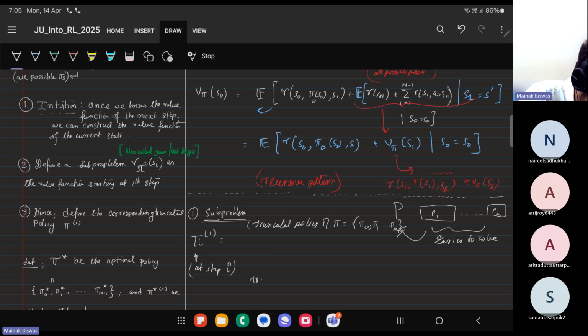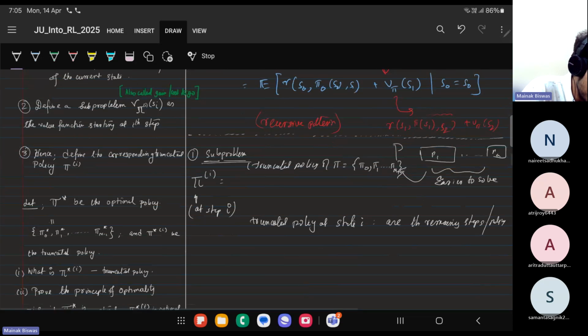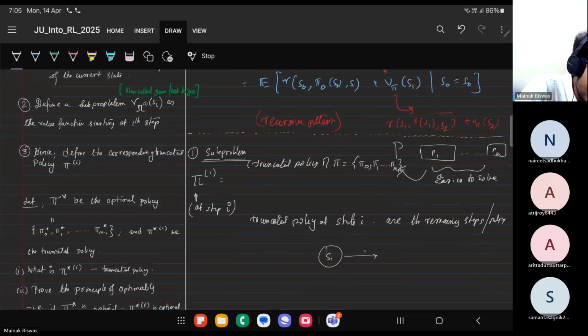So the truncated policy at state i consists of the remaining policies. Say you are in state Si, you want to select pi i of Si, then pi i plus 1 of Si plus 1, and so on.